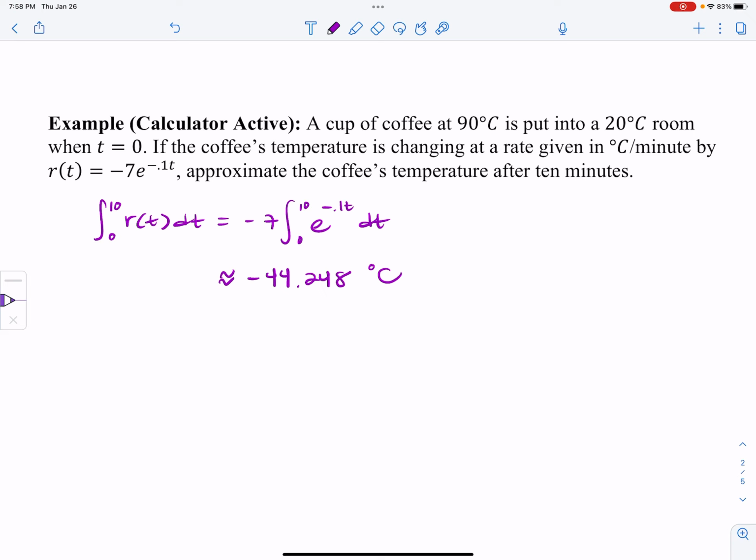That tells me that the temperature decreased by about 44 degrees. Another way to write this, and we're going to talk more about this when we talk about the definite integral in writing accumulation functions, is to say 90 degrees plus the net change.